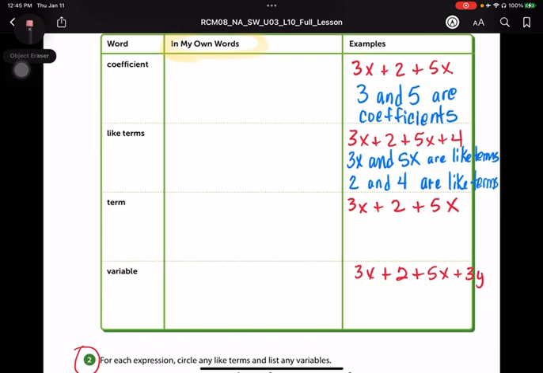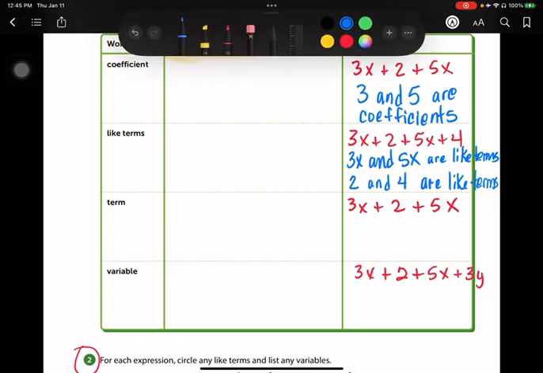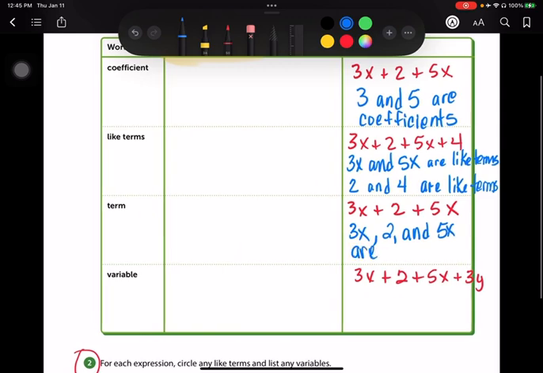The terms are 3x, 2, and 5x. 3x, 2, and 5x are all terms.